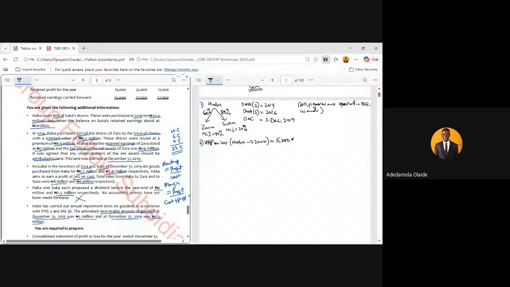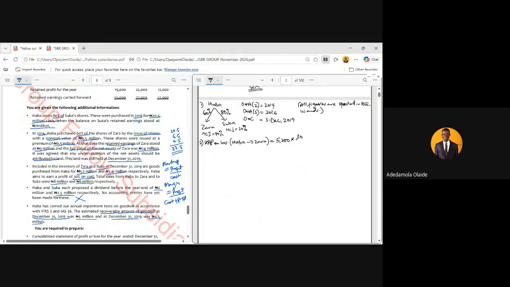You know, when we do cost plus profit, it gives us selling price. Is that not it? So since profit over cost is 30 over 100, when we add that 30 back to the cost, it makes it what? Profit over sales. That's 30 over 130. So 30 over 130 times 5,200 will give us how much?